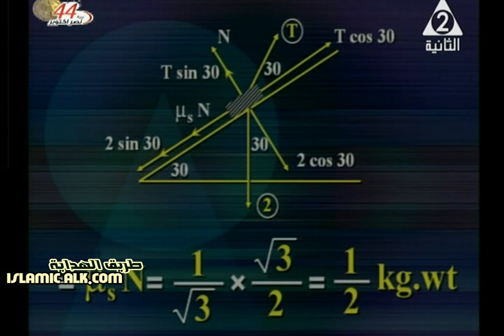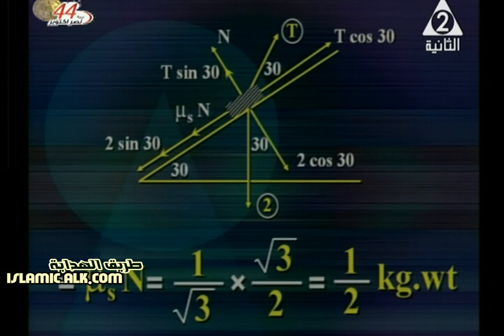And remark, when the body moves upward, the static friction force is in the opposite direction, downward. In the figure, what is the static friction force? Mu Sn or Fs. Fs is the limiting friction force. We have two equations.